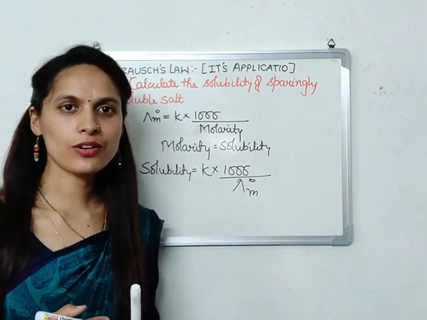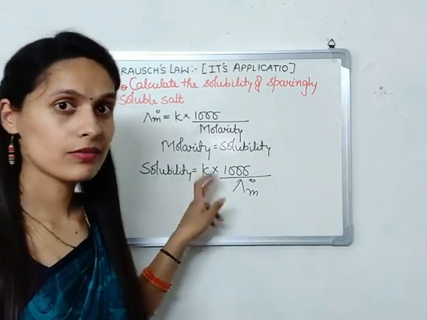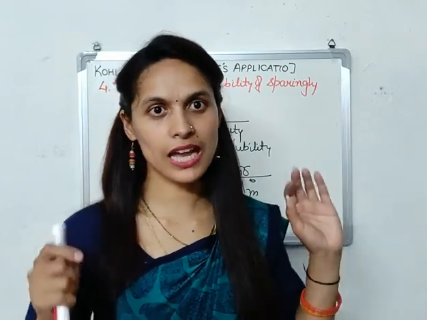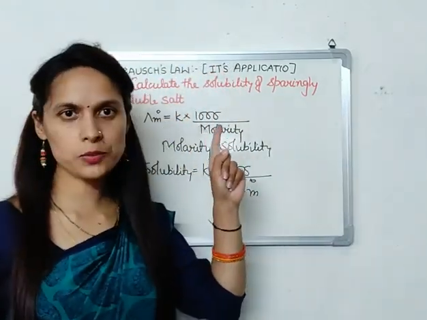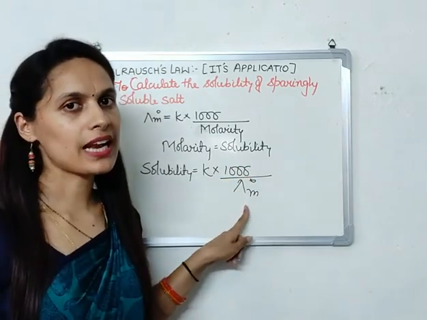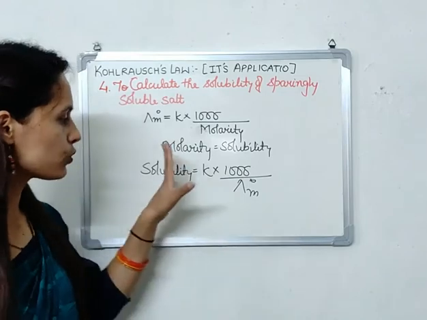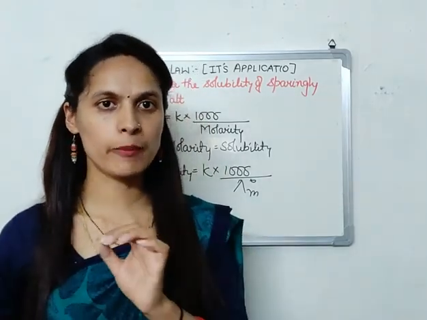Lambda m naught we can calculate from the first application. K we can calculate from the Wheatstone bridge principle, which we have studied in our previous video. With the help of these two we can calculate the solubility of the sparingly soluble salt.